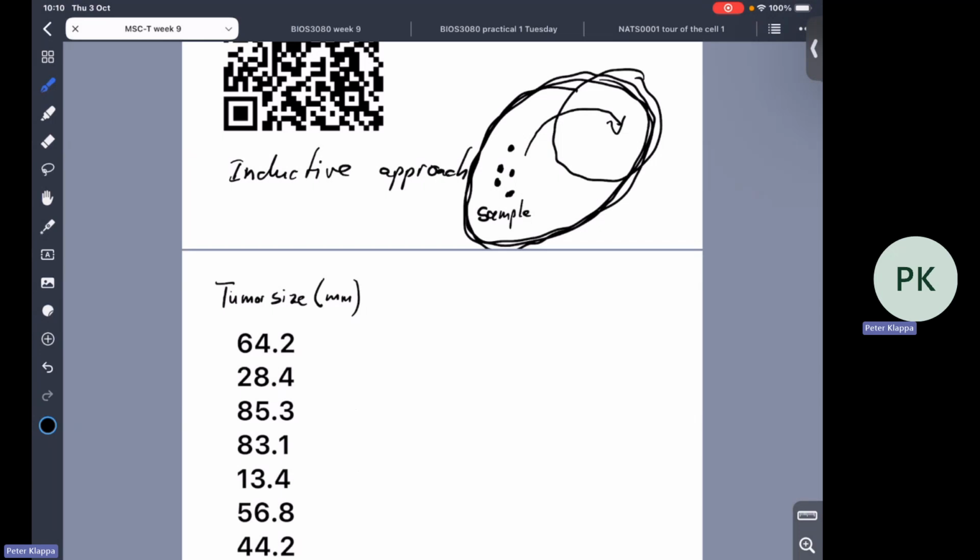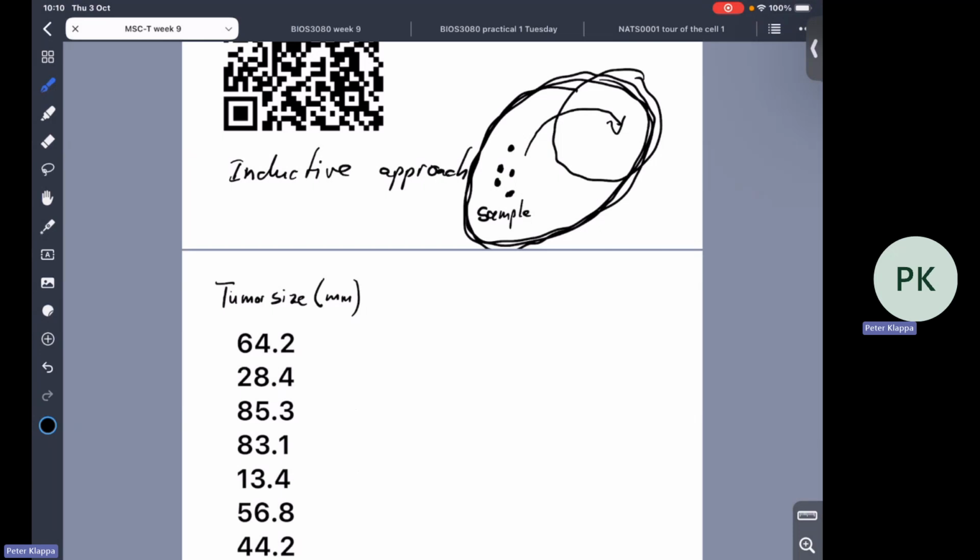So I can, for example, say, okay, I measure 10 people, and I use these measurements from these 10 people to make an inference. If these 10 people have an average height of 178 centimeters, then I can say probably the average height of all the students in the room here, not just these 10, but all the students, will also be 178 centimeters.